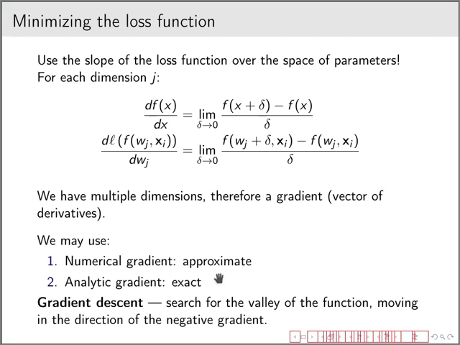However, the analytic version is often not available, or is very hard to estimate or to write. So we are going to use the well-known algorithm called gradient descent. This algorithm searches for the minimum value of the function, remember that you want to minimize it, by moving in the direction of the negative gradient.